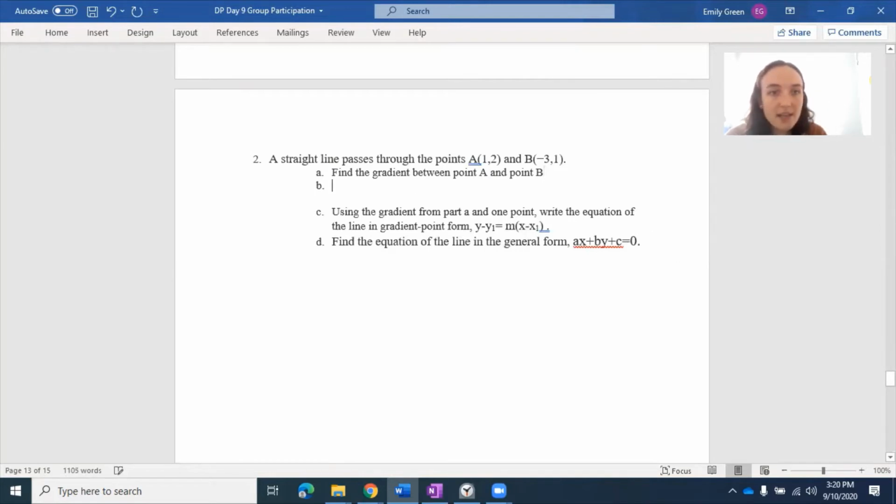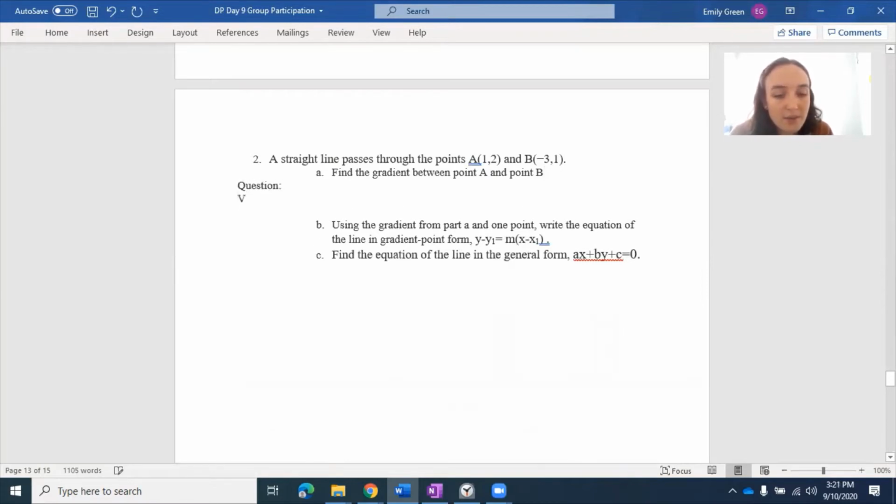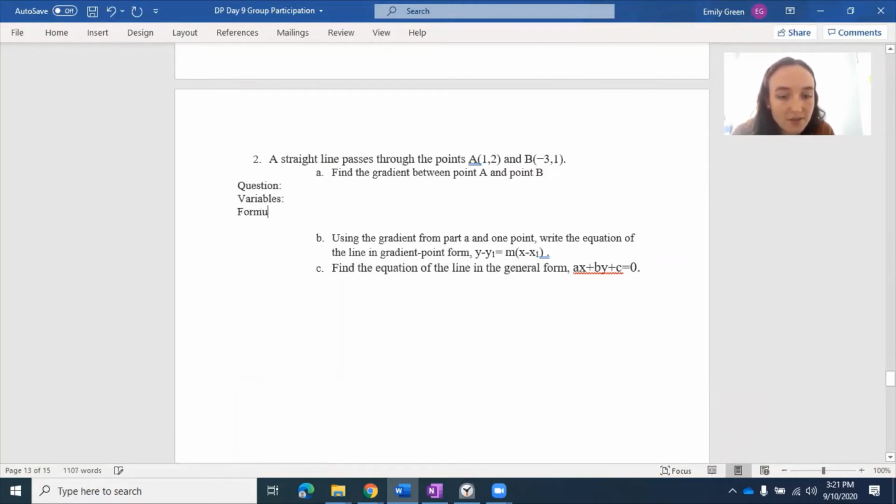So for each of these, I'm going to write out for myself: what is the question? What are my variables? And what formulas can I use? Part A, the question is to find the gradient.